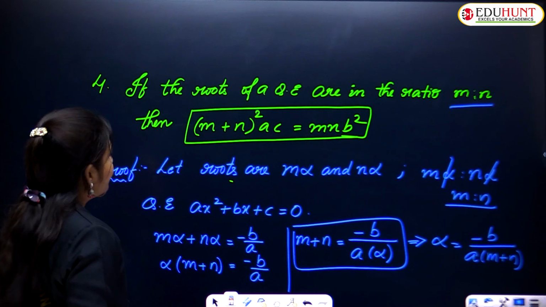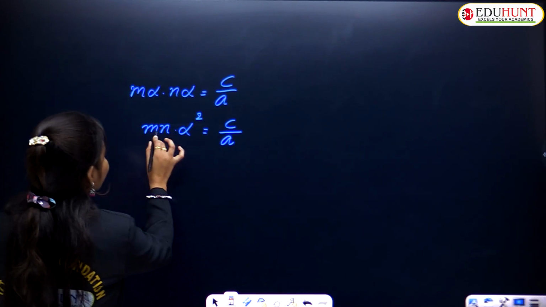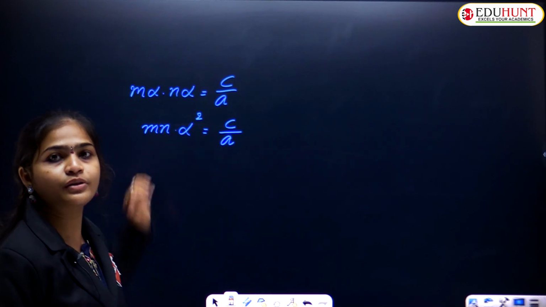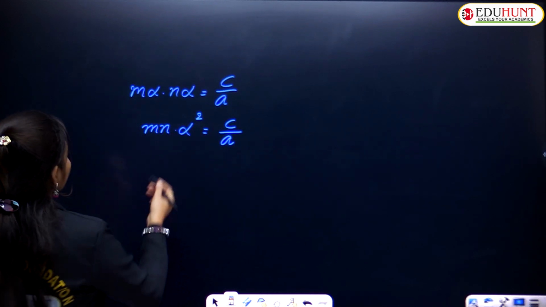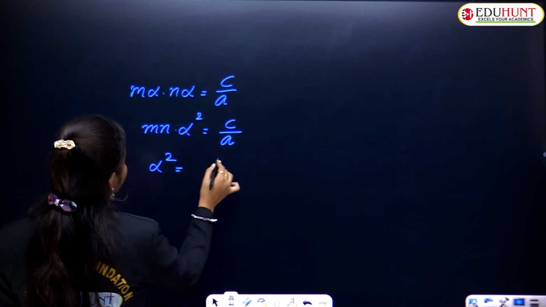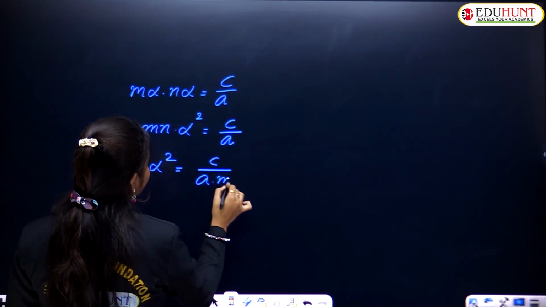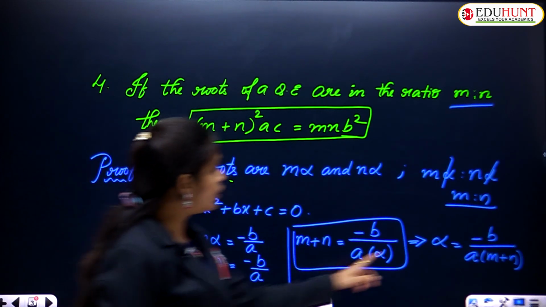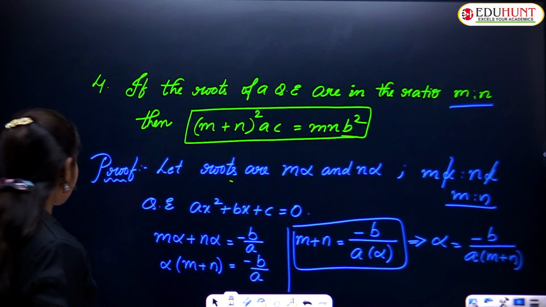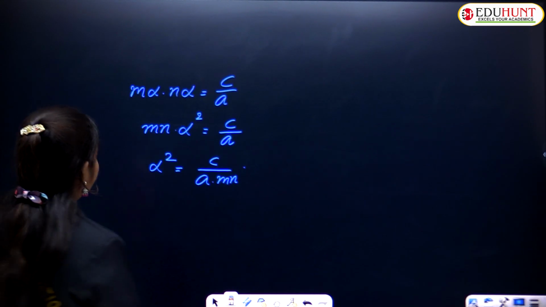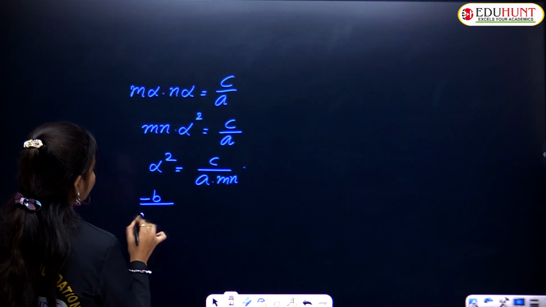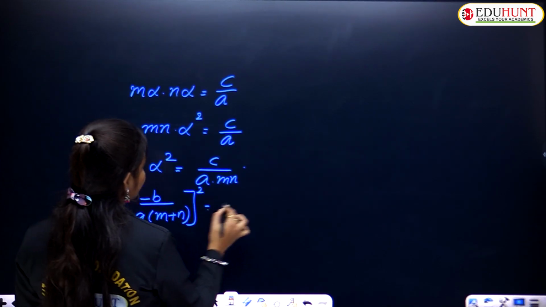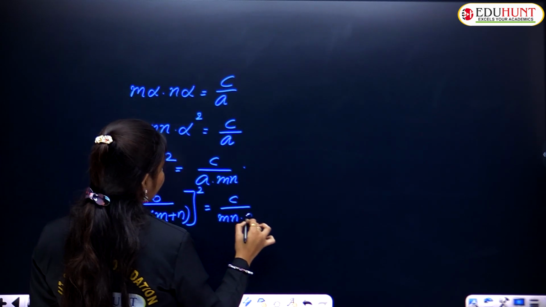Why did I write that? Because we got the mn value and the m plus n value, and alpha is common, so substitute that alpha value here. Alpha square is equal to c by a into mn. Now alpha is minus b by a into (m plus n), so minus b by a into (m plus n) whole square is equal to c by mn into a.